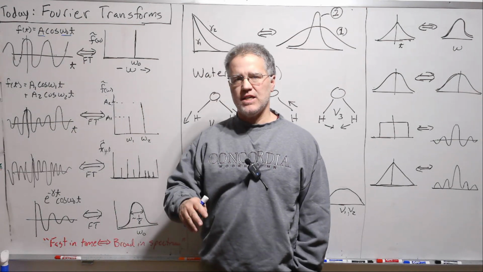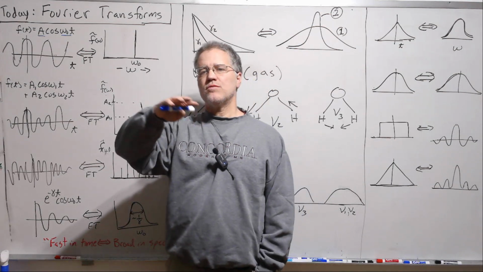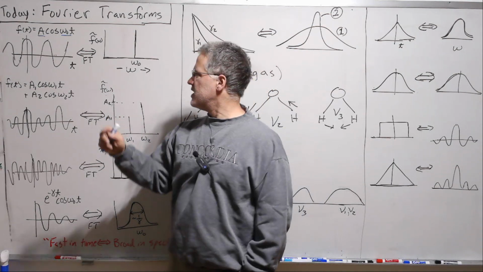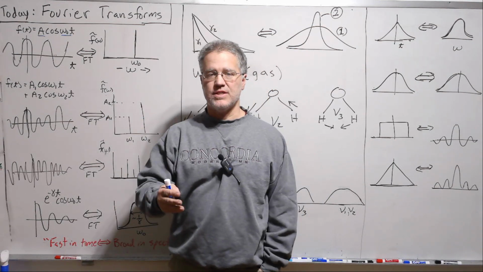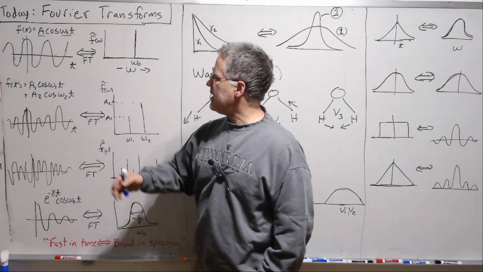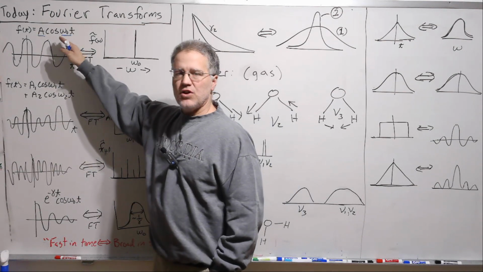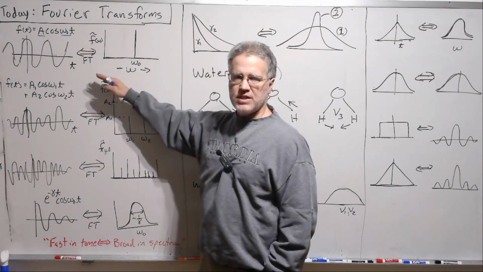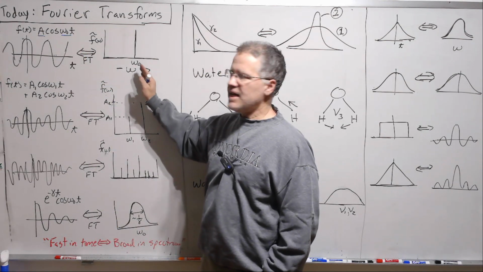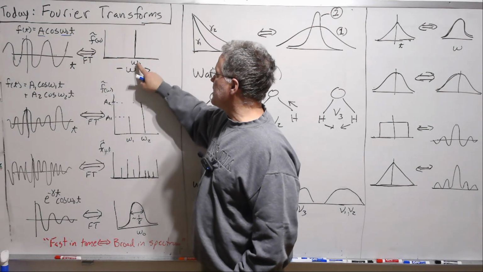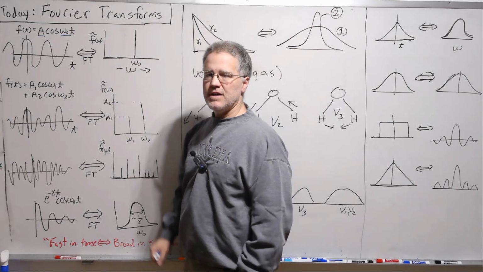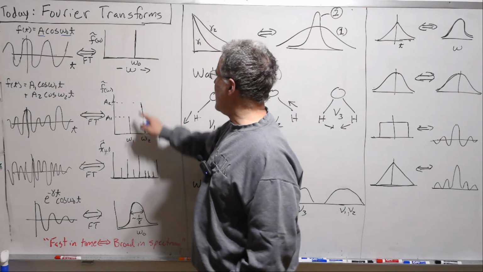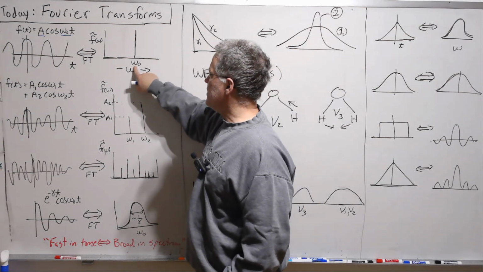But what a Fourier transform does is it transforms to a different domain in which the x-axis is now frequency. And there'd be another way that you could talk about this function to somebody. You could say, I'm going to plot all the frequencies that are present, and in this particular case, there's only one. And so we have a spike here at omega naught.